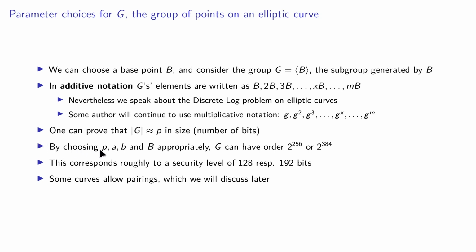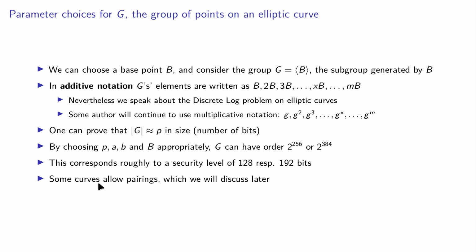And so we can choose parameters, the prime number, the constants a and b, and the base point, such that we can find a group whose order is 2 to the 256 or 2 to the power 384, and this corresponds roughly to a security level of half the number of bits. This is an important thing you should be aware of, and I will discuss why this is so in the next few minutes.